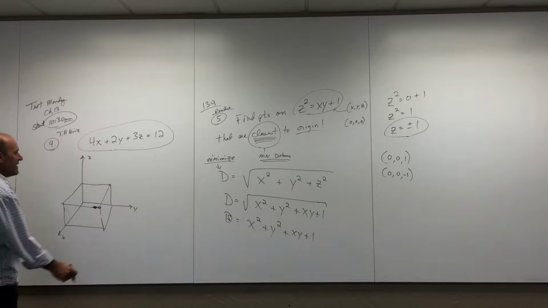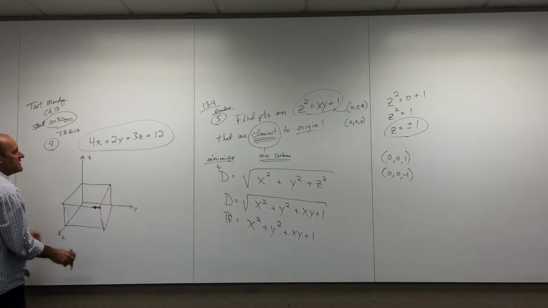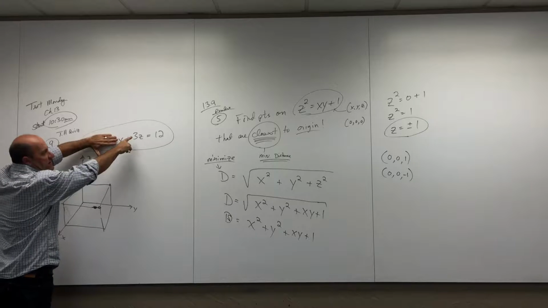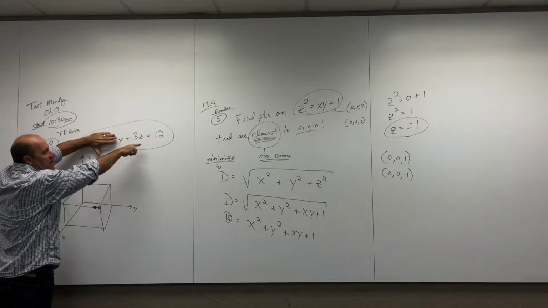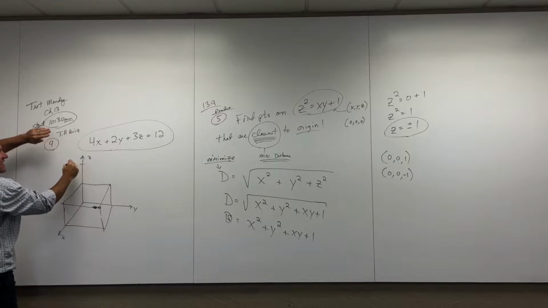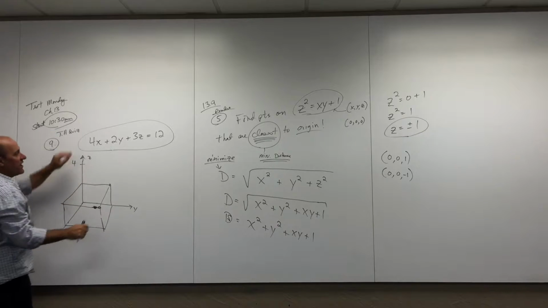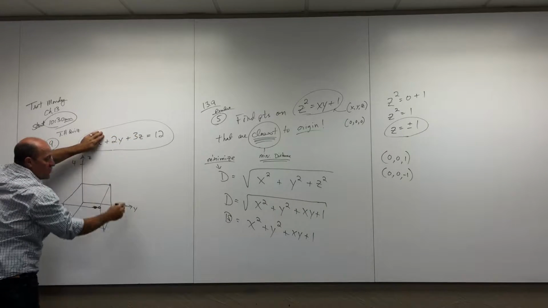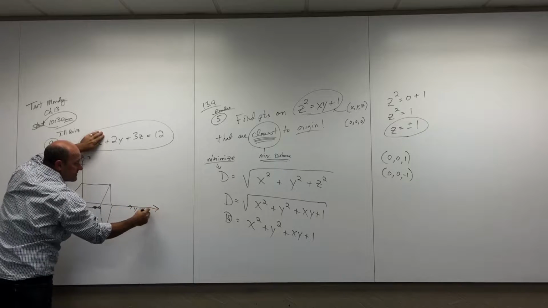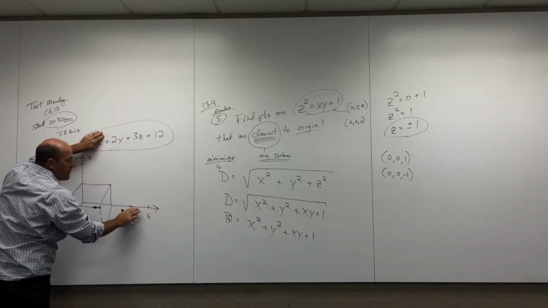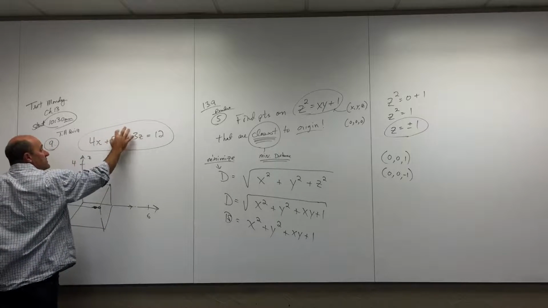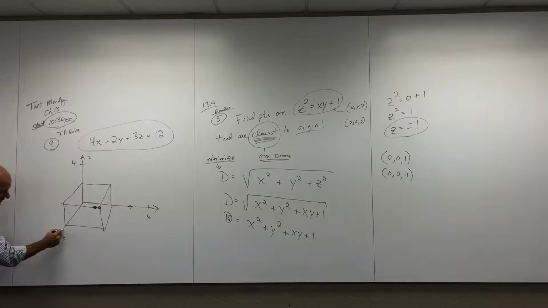We would plug in a 0 for x and a 0 for y, and solve for z, and get 4. That means it hits the z-axis at 4. We plug in a 0 for x and a 0 for z, divide by 2, it hits the y-axis at 6. We plug in a 0 for y and a 0 for z, it hits the x-axis at 3.